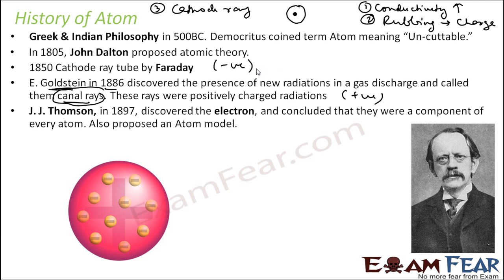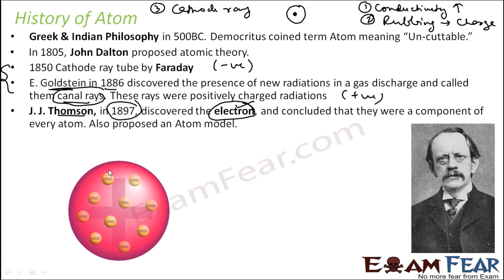So with this, Thomson in 1897 discovered electrons. Actually the rays in the cathode ray tube are electrons, but they were not officially or formally named. So in 1897, we give the credit to J. J. Thomson for discovering electrons. And since he discovered electrons, and from the past experiments by Faraday and Goldstein, it is proven that we have some positive and negative charge.